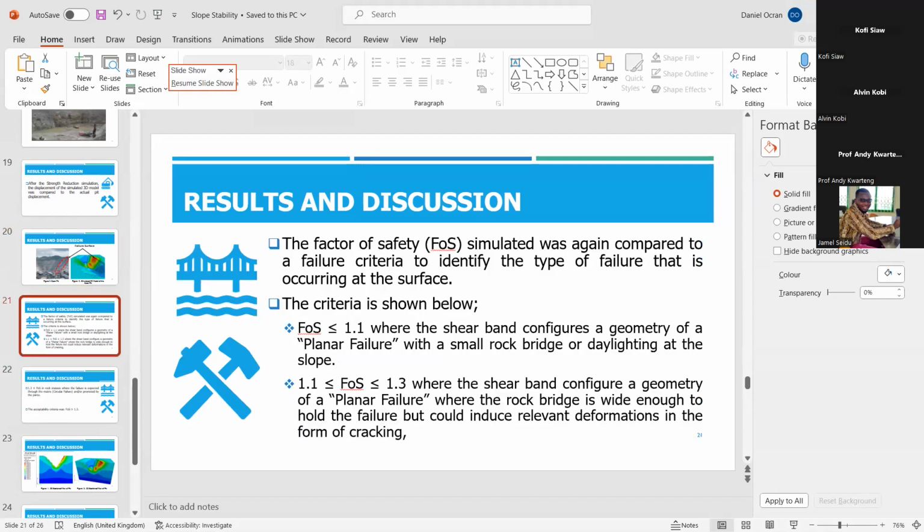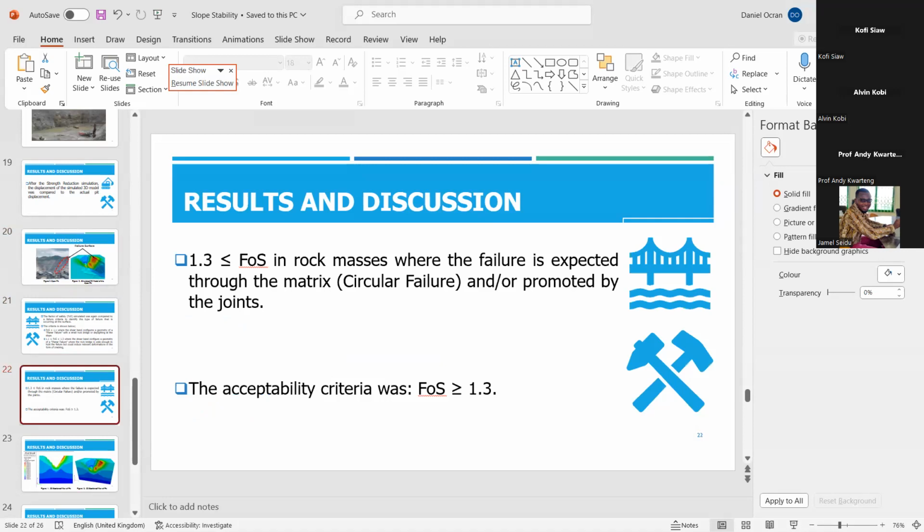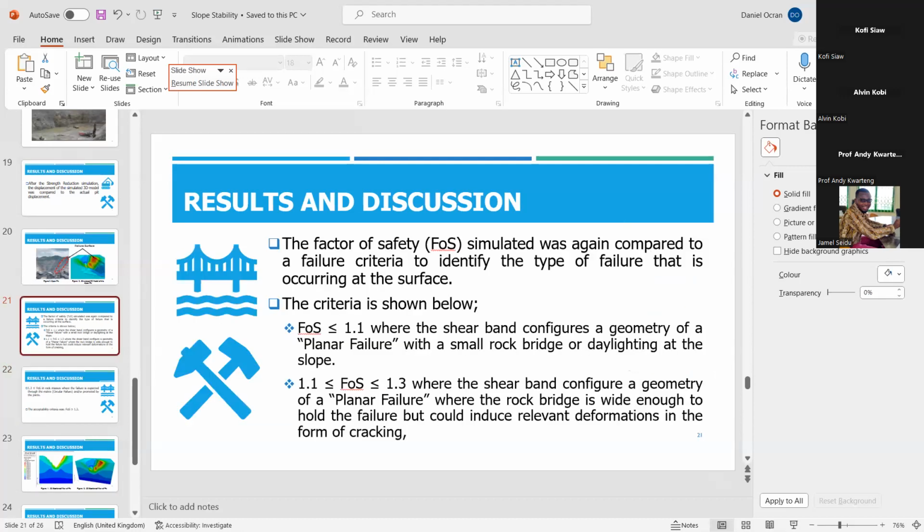According to the failure criteria, when the factor of safety is equal to or greater than 1.3, it means the failure occurring on the slope is a circular failure. And so from comparison to the failure criteria, it is noted that FLAC 3D was able to predict that the failure that occurred on the actual pit surface was a circular failure.